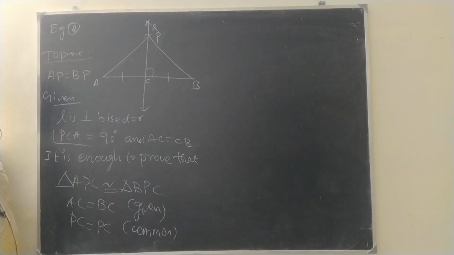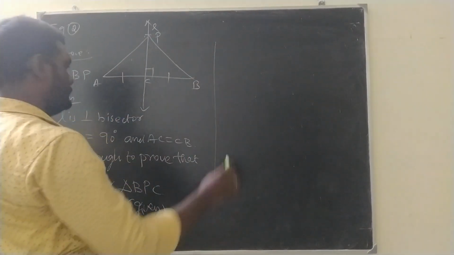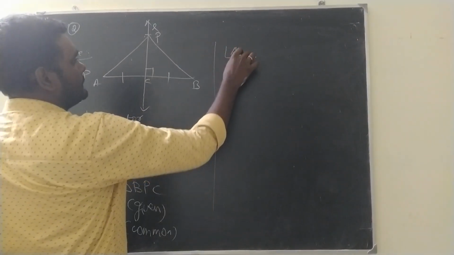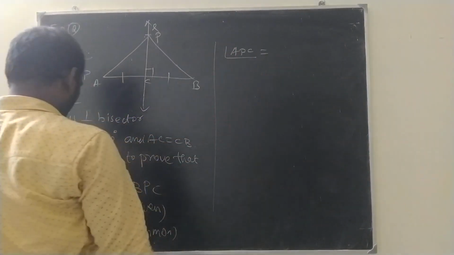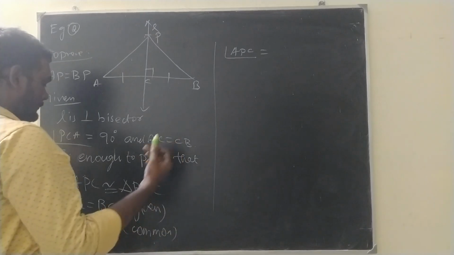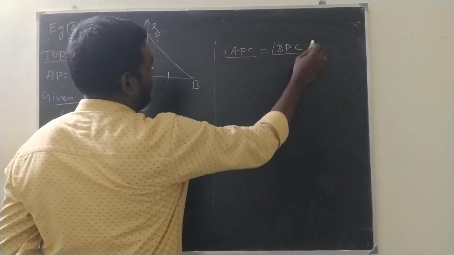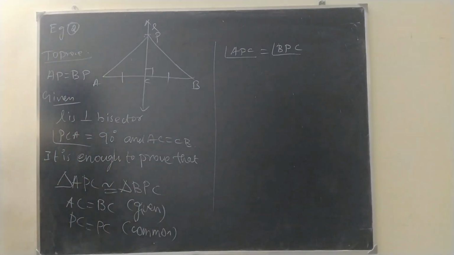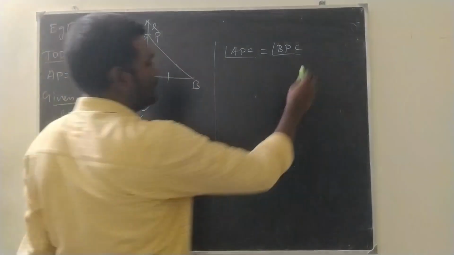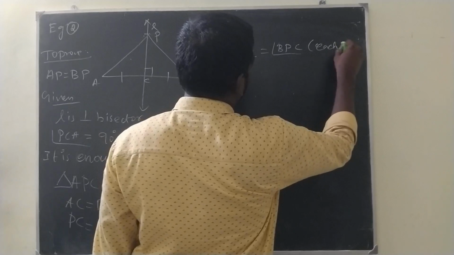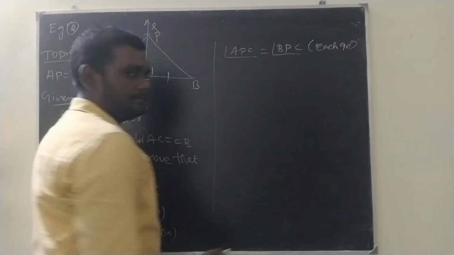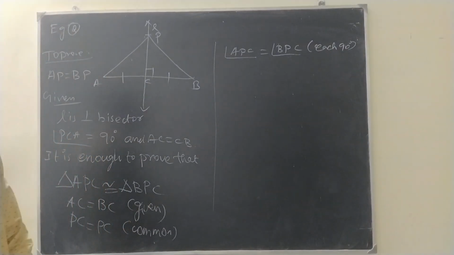Also, are there any other things which are equal in both the triangles? The angle ACP is equal to the angle BCP. Both are equal to 90 degree. That also has to be mentioned, each 90 degree.